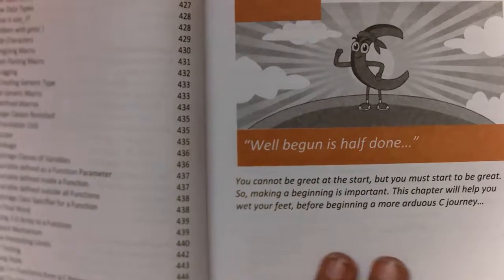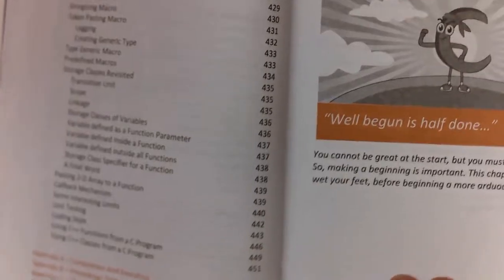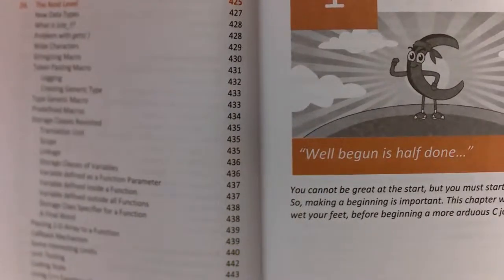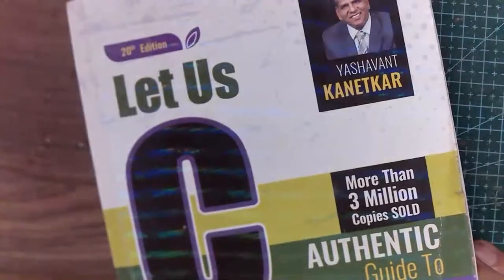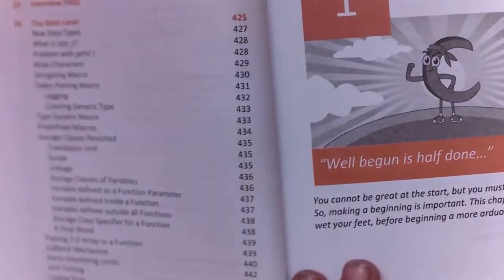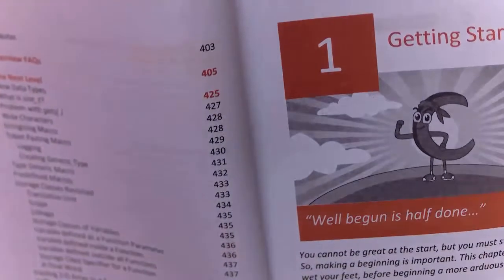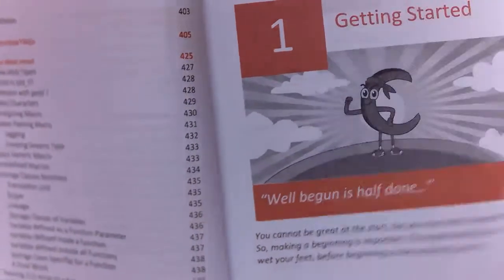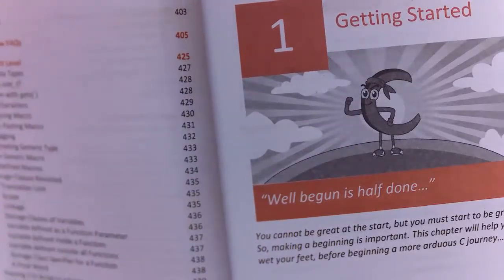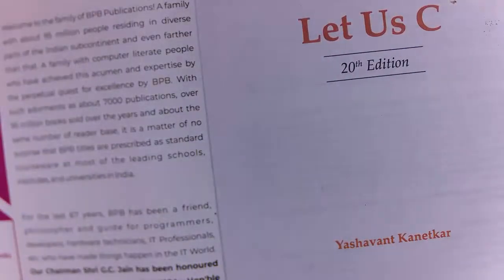Okay, so welcome to our first live stream of this book. Let us see. We will learn this C coding, and we are going to do these chapters. We have 24 chapters in this book.